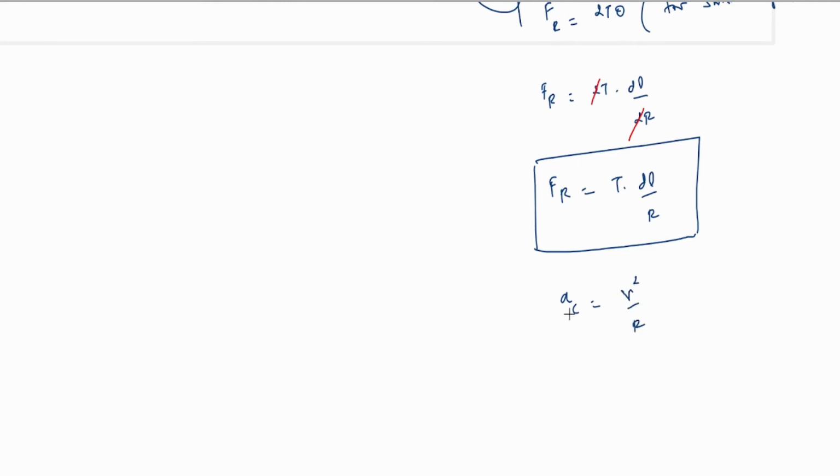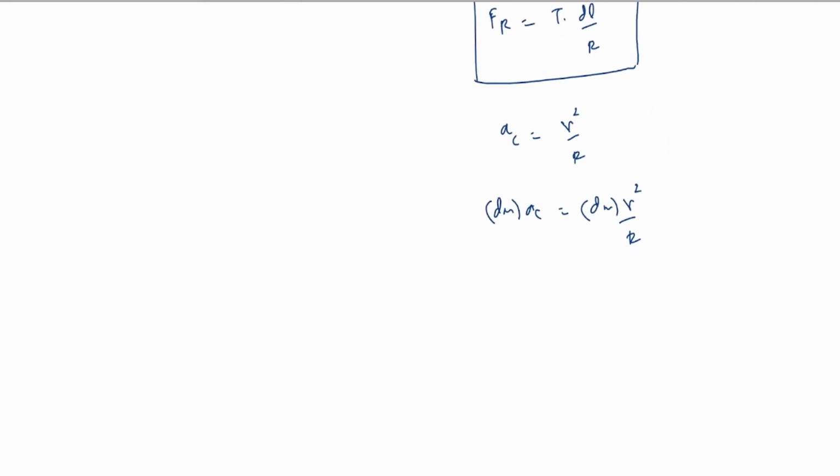This is the relationship between centripetal acceleration, velocity and radius. If we multiply by mass on both sides, that gives us force. So dm into AC is equal to dm into v square by r, because we are trying to find the velocity for that arc element only.